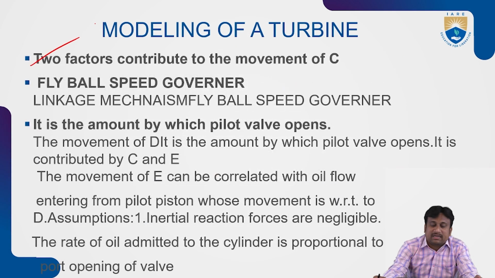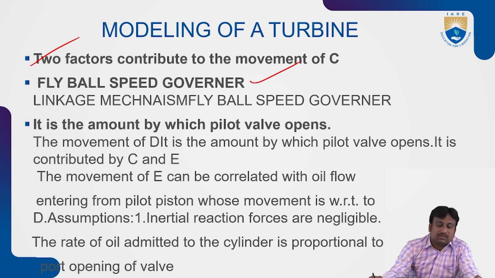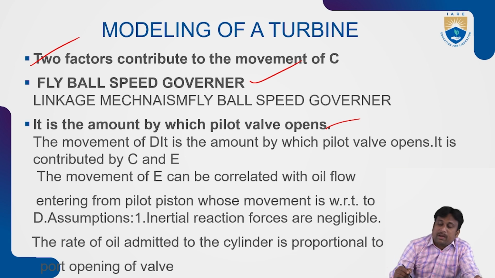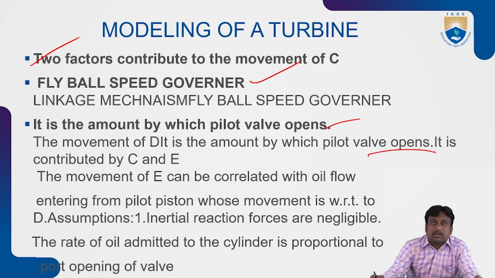Now two factors contribute to the movement of C. One is the flyball speed governor, which is a linkage mechanism to the speed governing system. It is the amount by which the pilot valve is going to be opened, and it contributes through the C and E portions.